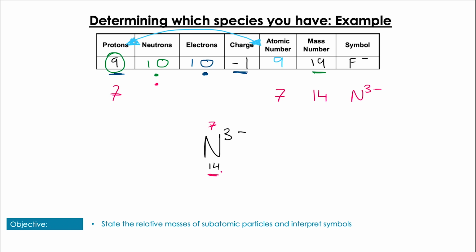We've got 14 overall mass, so we must have 7 neutrons. We would have the same number of protons and electrons, but we've got a negative 3 charge, which gives us 10 electrons. So you can see how we can use this to find so much out about an atom just by knowing 1 or 2 parts of this.